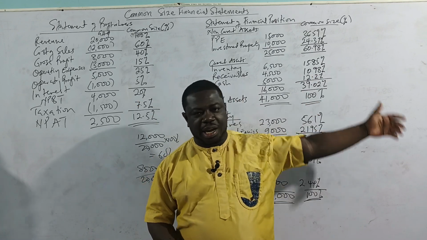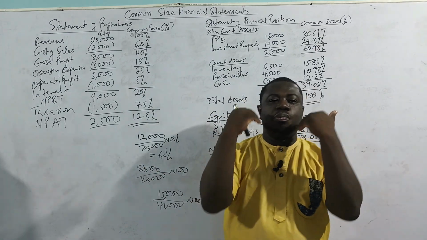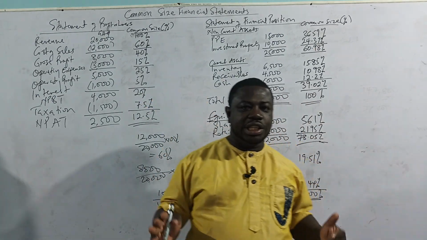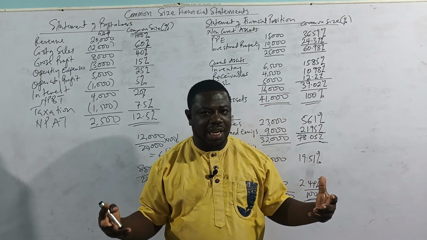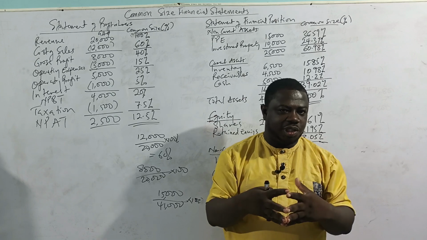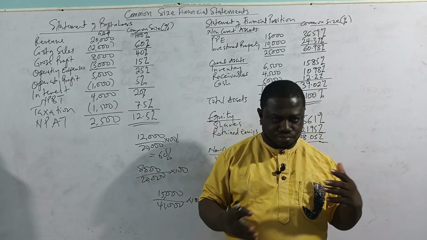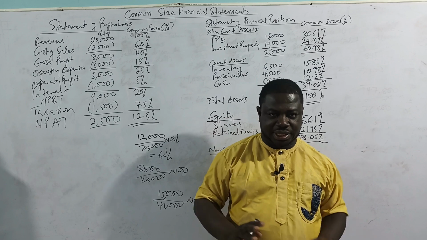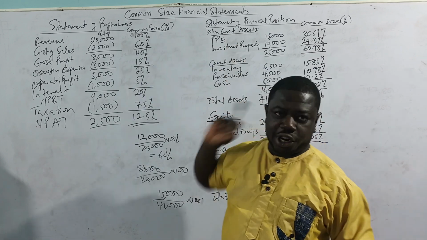You need to look for another company and prepare, so that you can now begin to compare the percentages. So once you put them in these percentages, then you are putting them in a common size. They may not be of the same size in terms of their absolute figures, but the percentages will put them in a common size, so that you can easily make inference or make some conclusions on performances and efficiencies. That is why we call it common size financial statement.